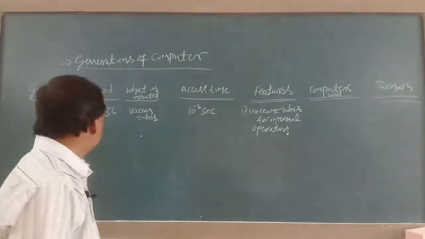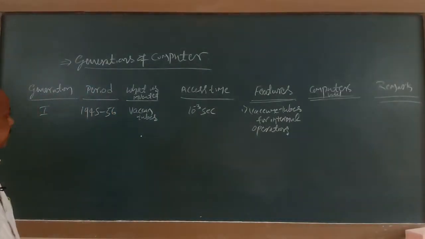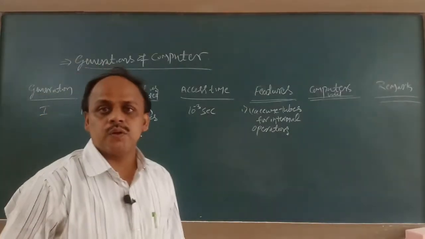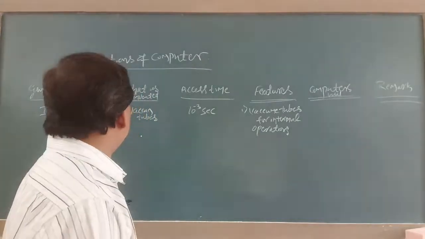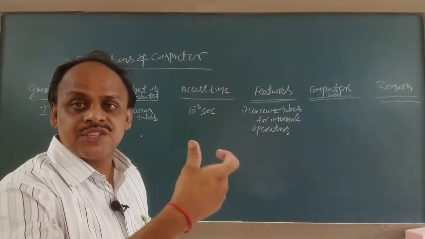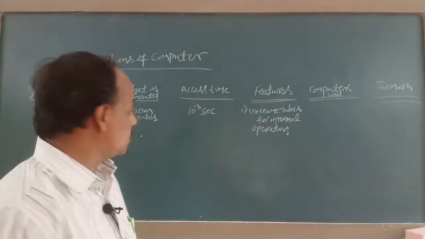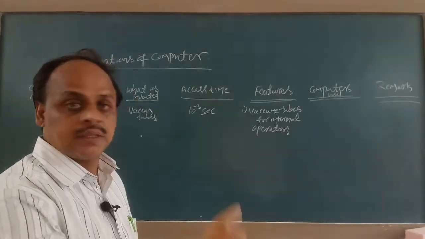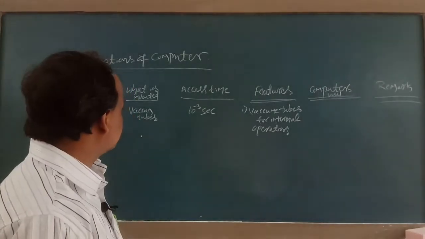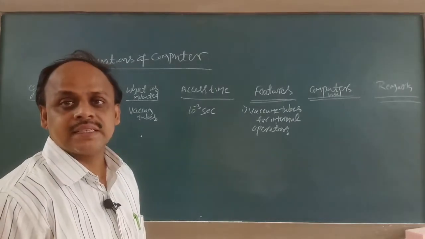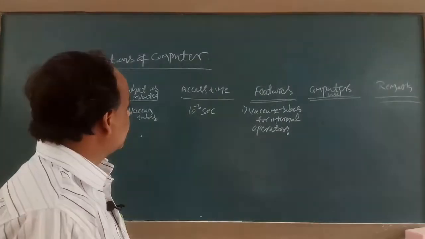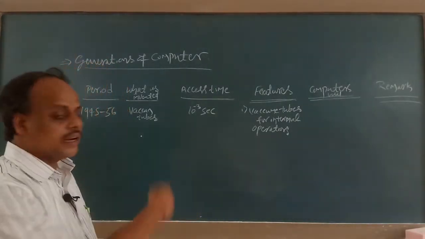See what he says. This first generation period is 1945 to 56, and the main invention in this period is vacuum tubes, and the access time is 10 to the power of -3. Second, what are the features of this generation of computer?